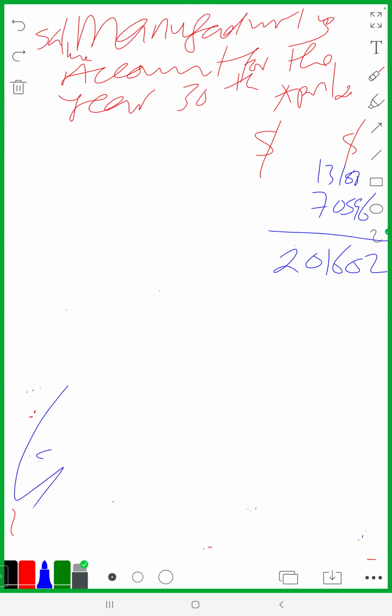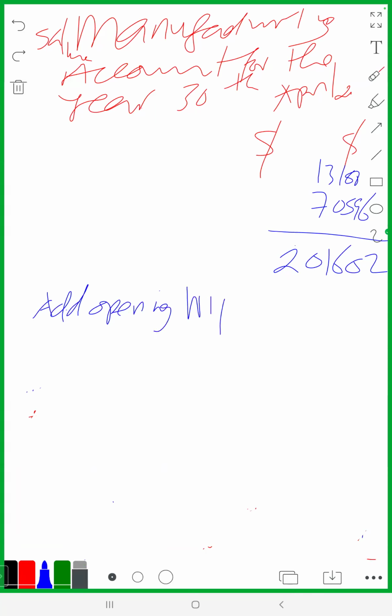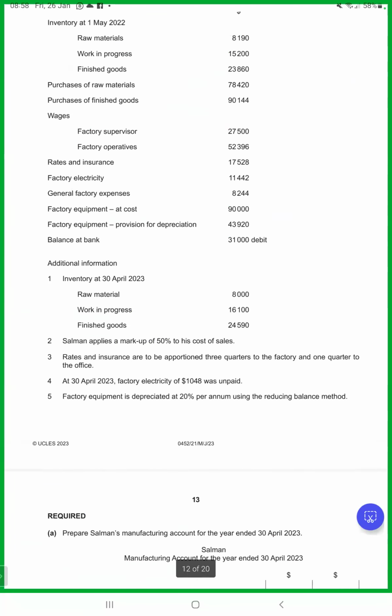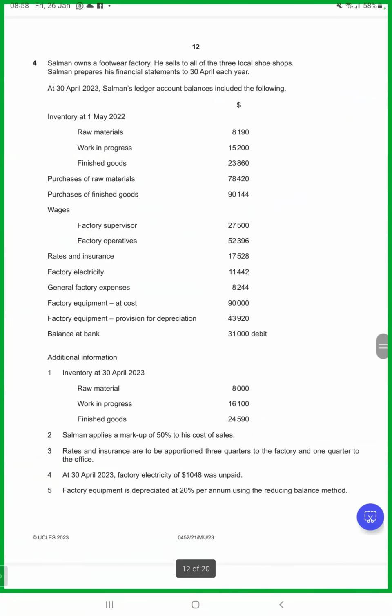When all that has been done, what is it that we are going to do now? We are going to add to this value opening work in progress. You can find it. Have you seen the inventory at 1st May, the one that is labeled opening work in progress? That is work in progress, okay?